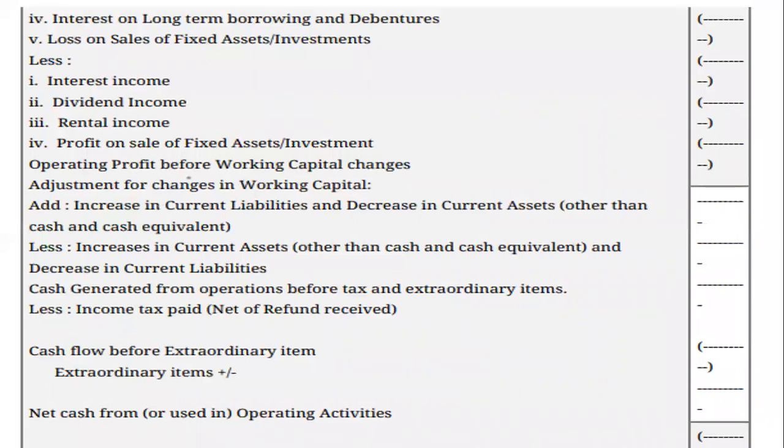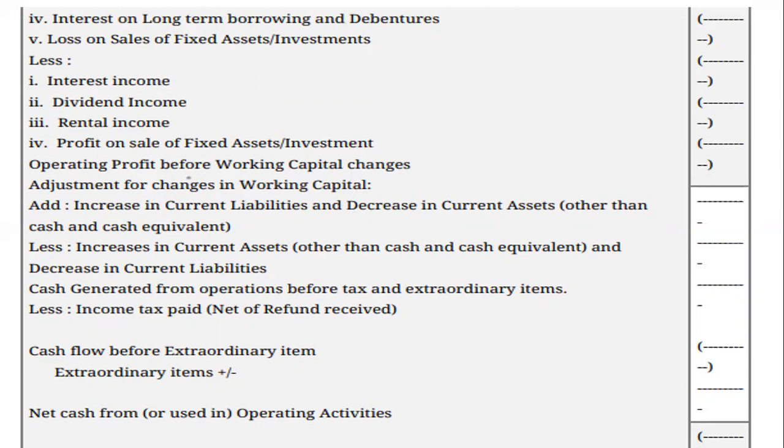Interest on long term borrowing and debentures, loss on sale of fixed assets and investments, all these things are to be added, and things which are to be deducted are interest income, dividend income, rental income, profit on sale of fixed asset or investment. So, whatsoever expenses are to be added, and whatsoever incomes are to be deducted.